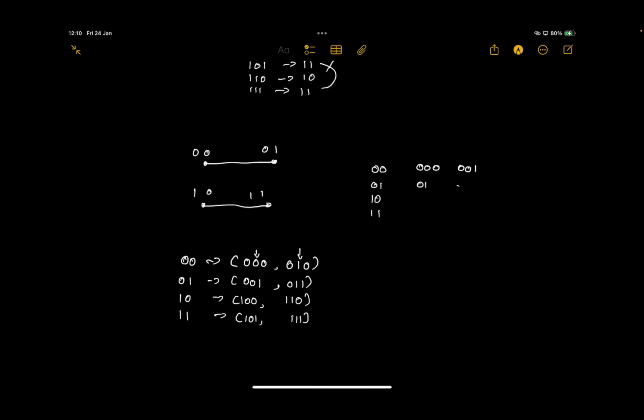So just add 0 here, add 1 here. For A, you add to the front here. So when I do it for A, you just rewrite it, to be honest. Same thing. You'll be using dimension 3 as your base.